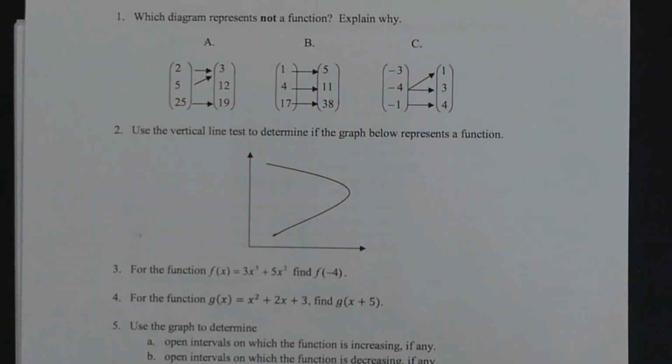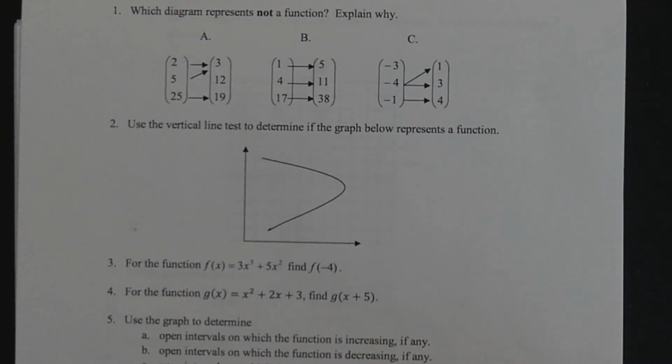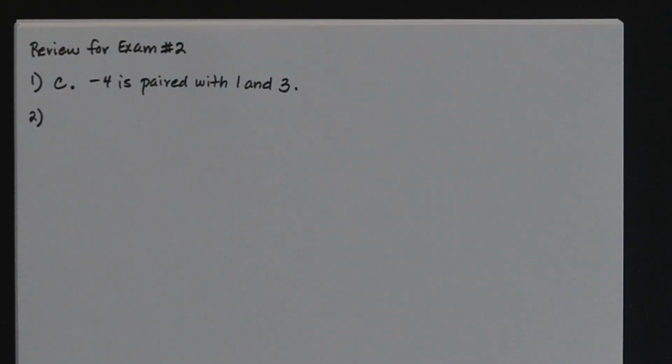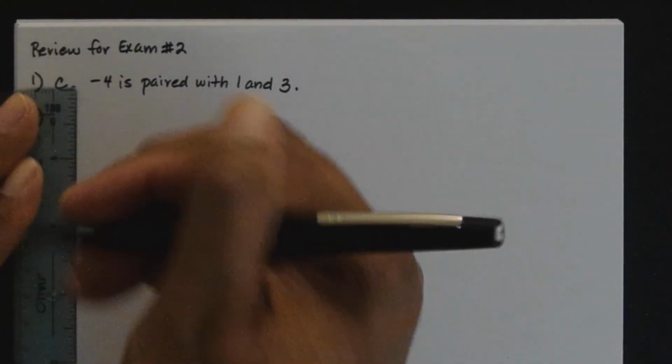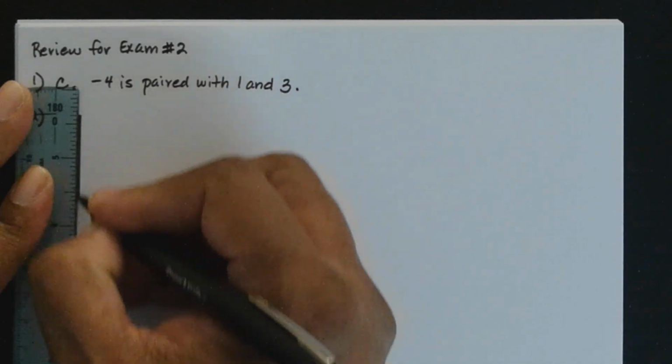Problem number 2 is using a vertical line test to determine if the graph below represents a function. Okay, so I'm going to draw a graph similar to the one that's on the review sheet.